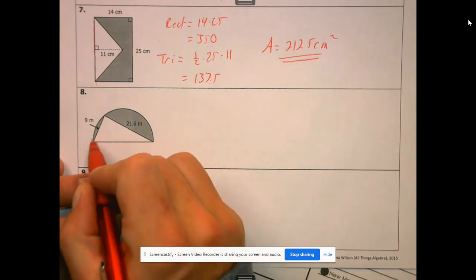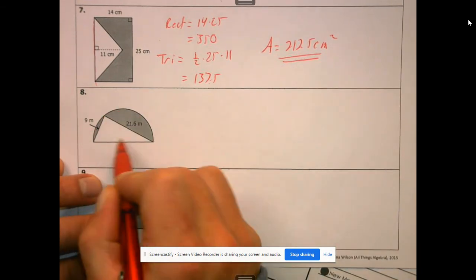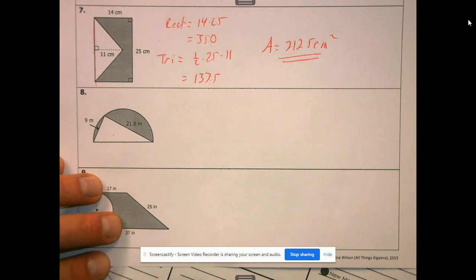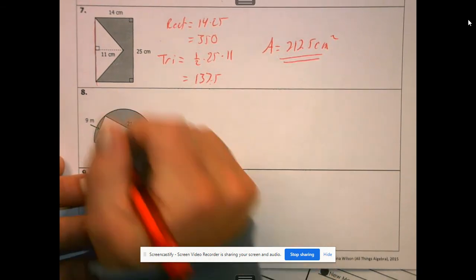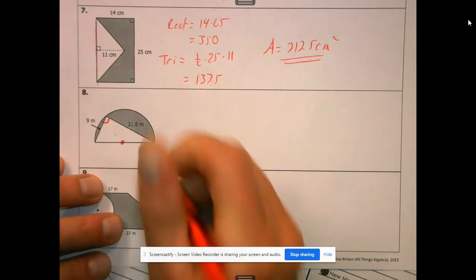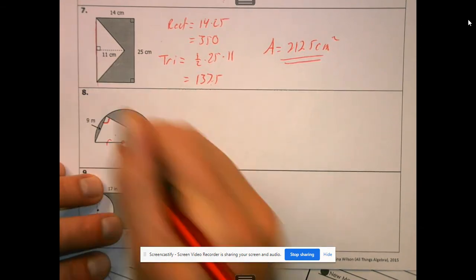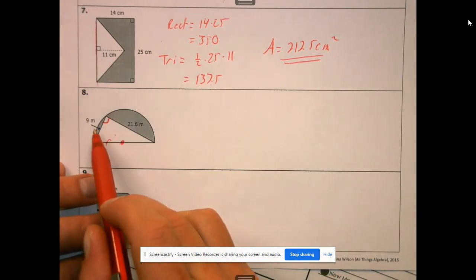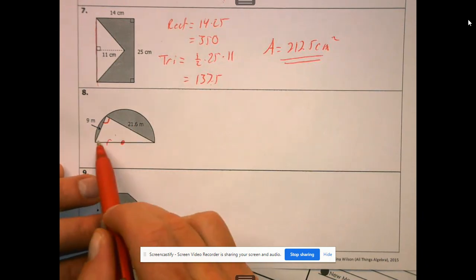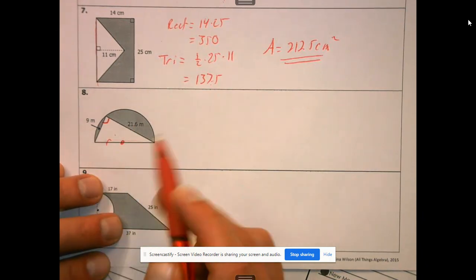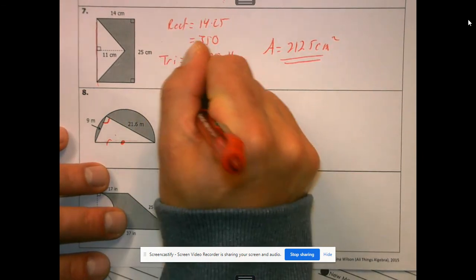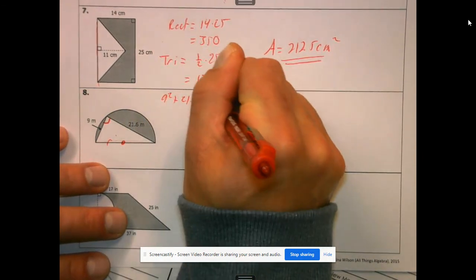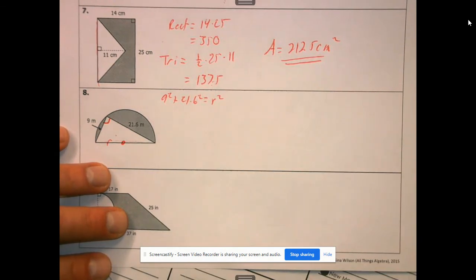Number 8, semicircle minus triangle. A little bit of work here because I do not know what the radius is, right? We got 90 up here, but I do not know the radius. Well, Pythagorean theorem. A squared plus B squared equals all of that, C squared. So off to the side real quick, 9 squared plus 21.6 squared equals your radius squared.